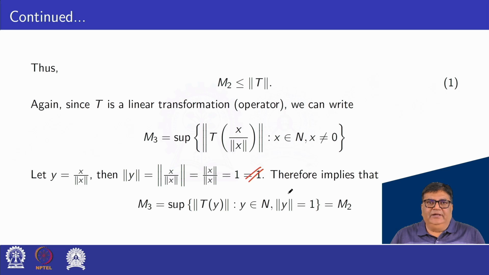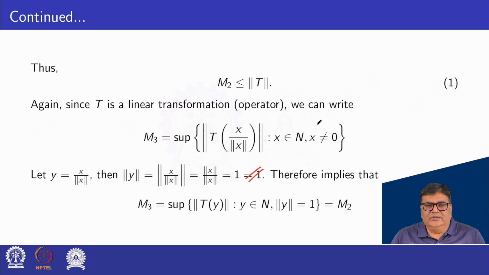Therefore, this implies that M3 is equal to the supremum of norm Ty, where y is an element of N and norm y is equal to 1.